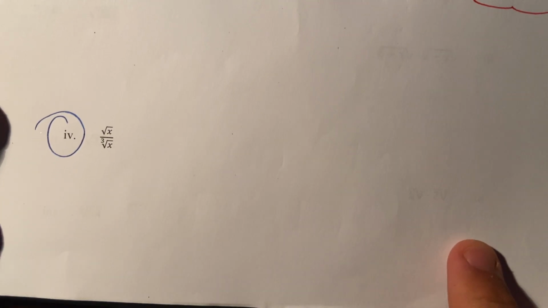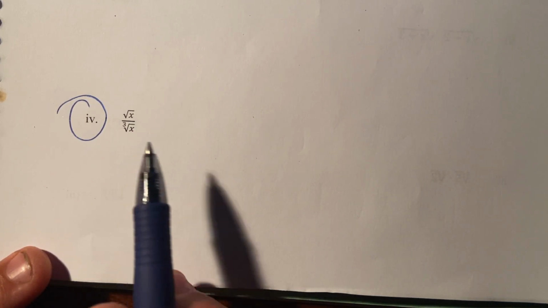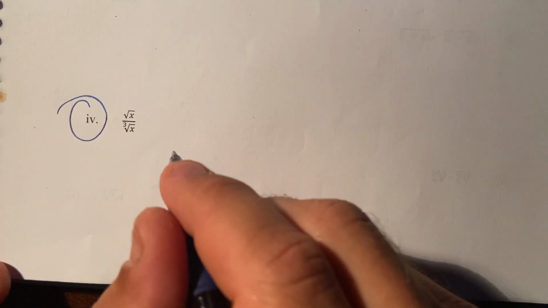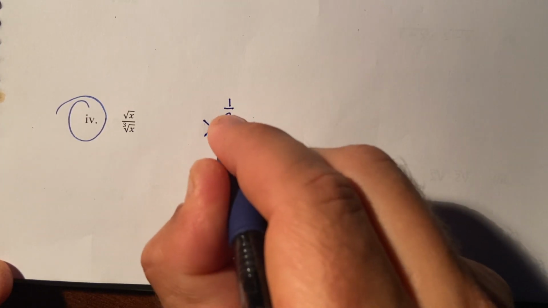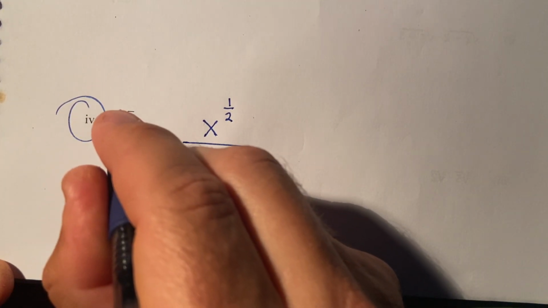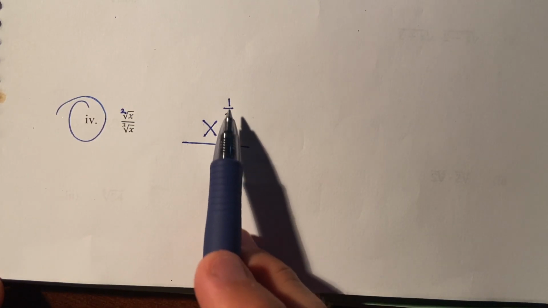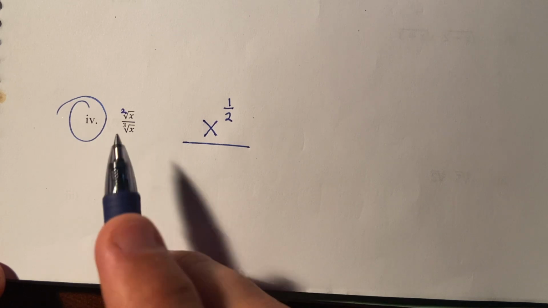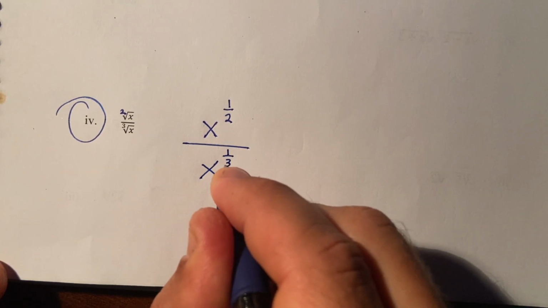Okay, maybe one more. Part 4, we have the square root of x divided by the cube root of x. Okay, so the square root of x can be thought of as x to the 1/2 power, right? This index gets transferred over here as the denominator of the power. And then this cube root of x can be thought of as x to the 1/3.